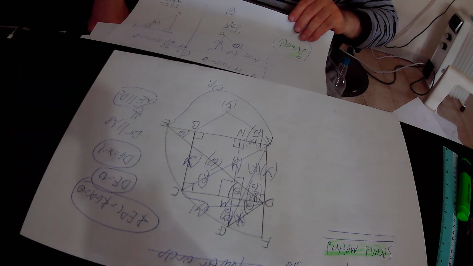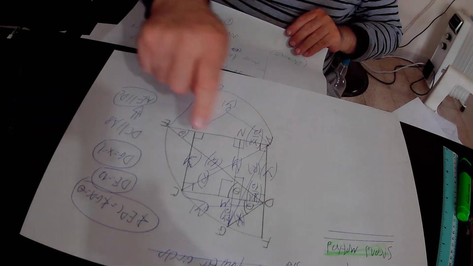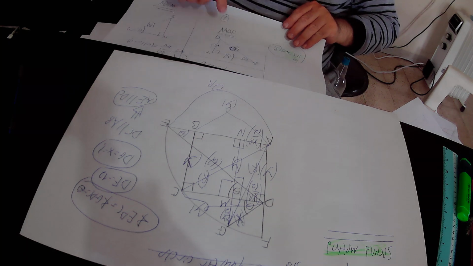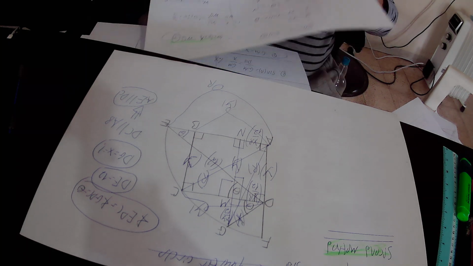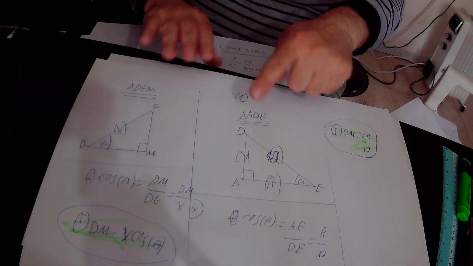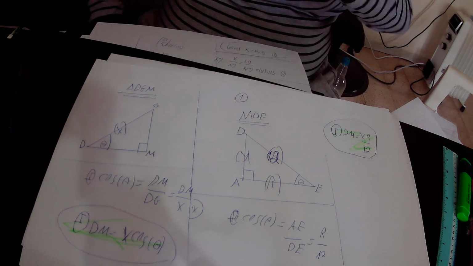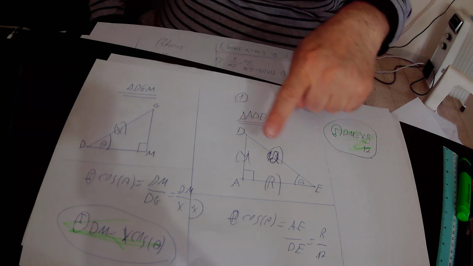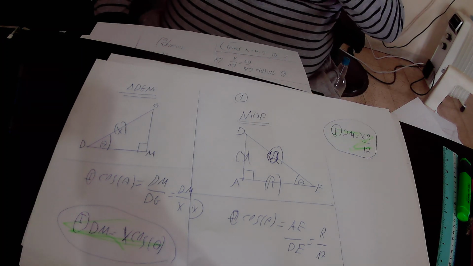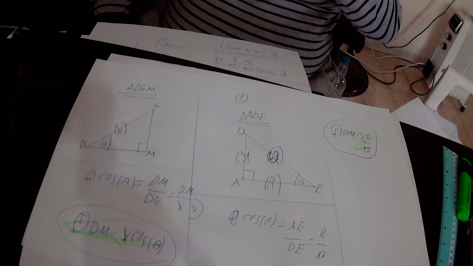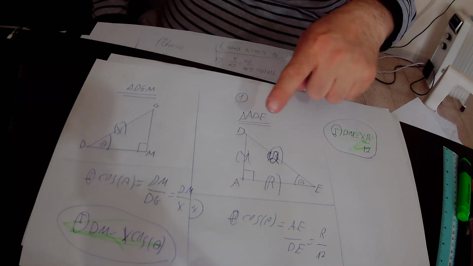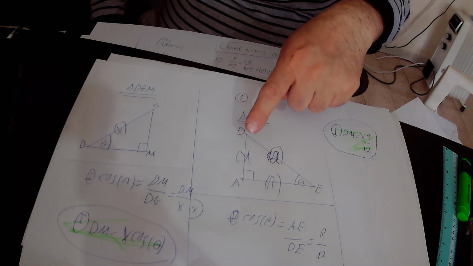Then I copied this right triangle ADE in the new page and analyzed it. This is the right triangle ADE that I copied from the original drawing. According to our definition, AD and AE are both on the sides of square ABCD. AD is one side of square ABCD that is equal to y according to our definition.